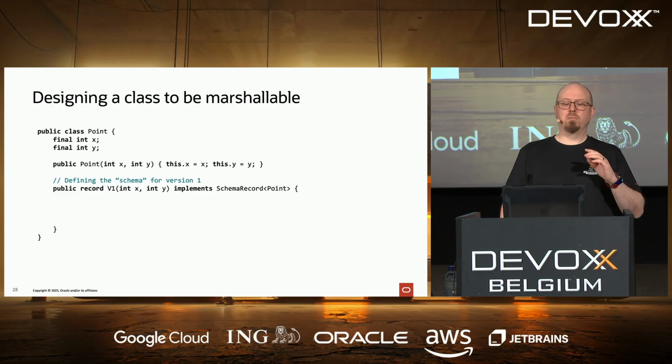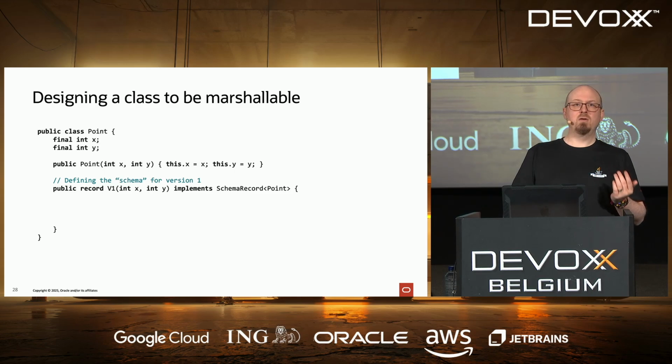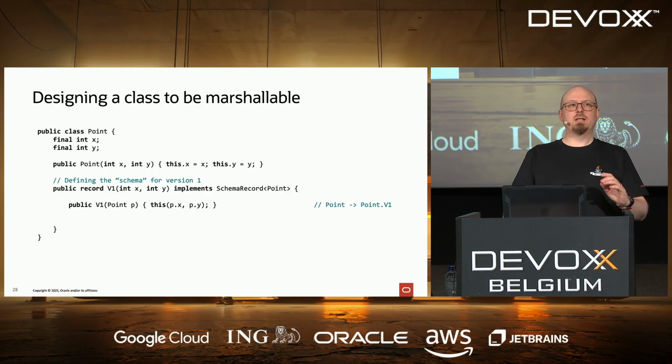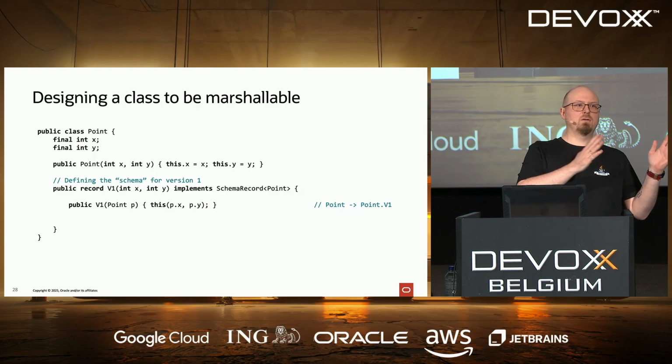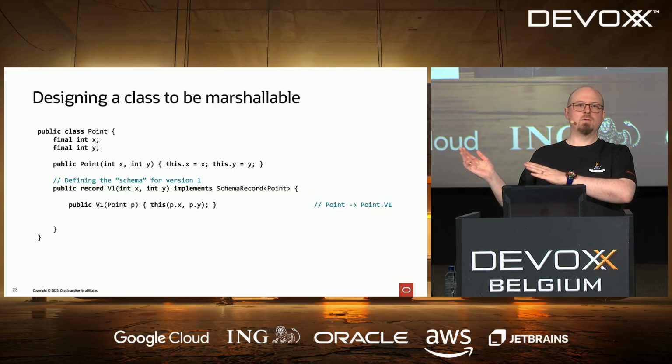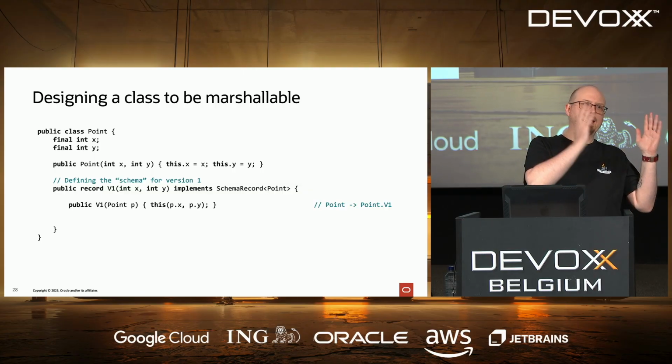So how do we go from point to v1? I have a point, but I want its structural representation. Well, I create a constructor that takes a point. And then I get the values out, and now I have a function from point to point v1. So now I can go from instance to structure.